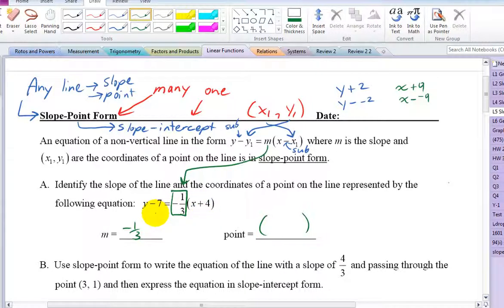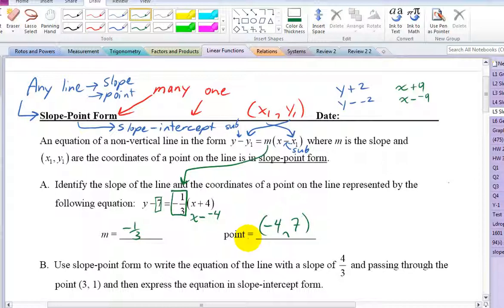What's your y value? Your y is 7. But what should this really be? x minus negative 4. So your x value is negative 4. Now that's weird, right? Because it's different than what you're actually seeing, but that's the way the equation works.